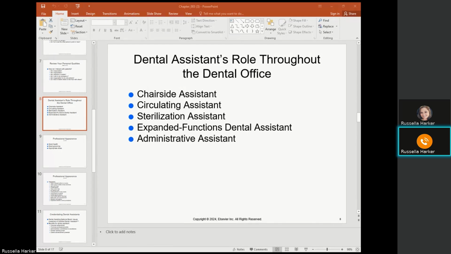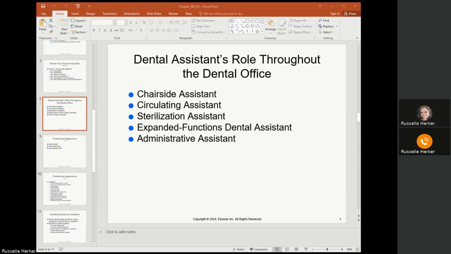Then there's an expanded functions dental assistant, and they're often called an EFDA, which is the acronym for expanded function dental assistant. They've received special training and they're legally permitted to provide certain intraoral functions beyond the tasks of general chairside assistants.